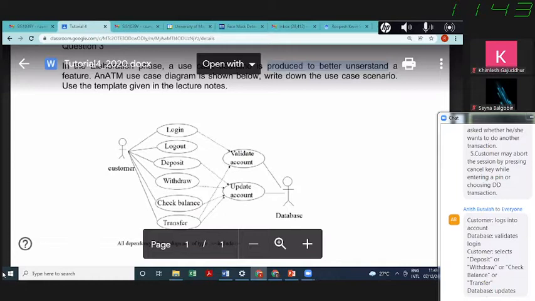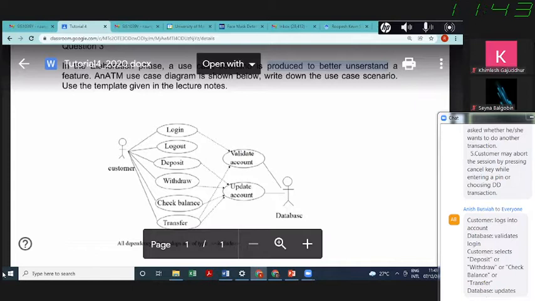What she mentioned is very important: the database updates the account so that he can log out from the system. So we need a process which is perhaps update account.